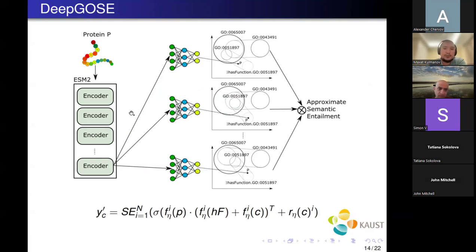So in the DeepGO-SE version here, we are using ESM2, because in our experiments, and also the second version of ESM, we did this with the first version also. I'm not really sure, but at the time it didn't work well.